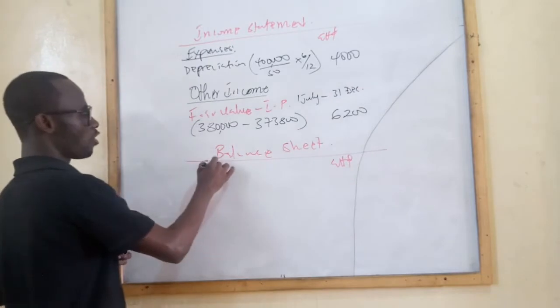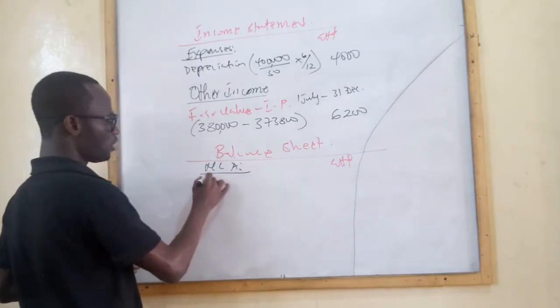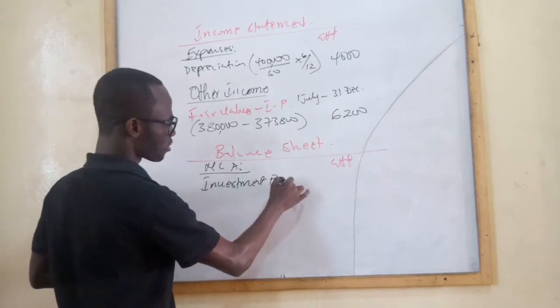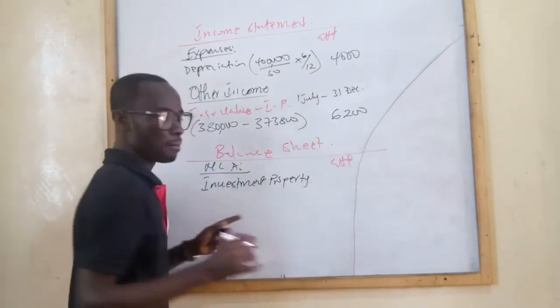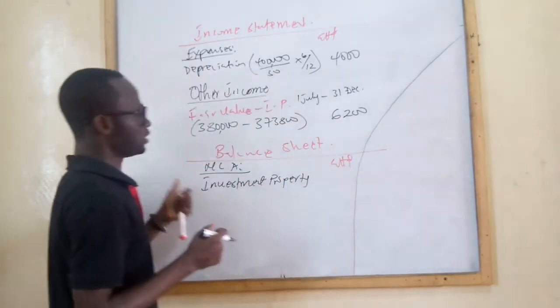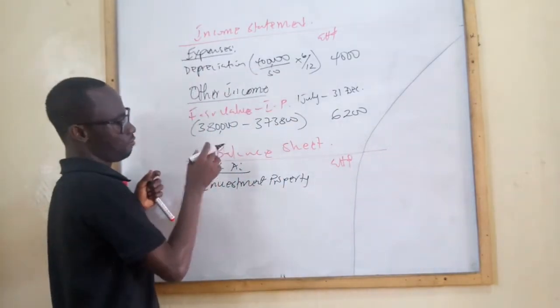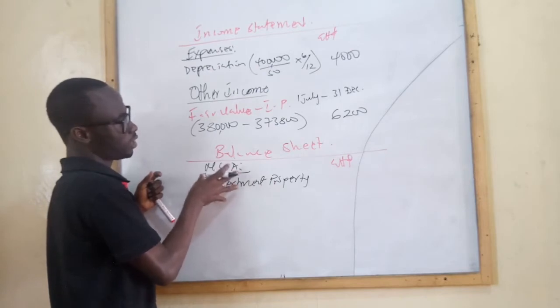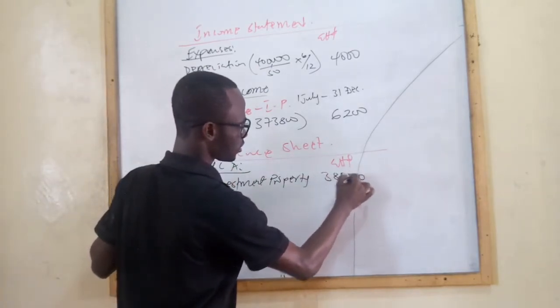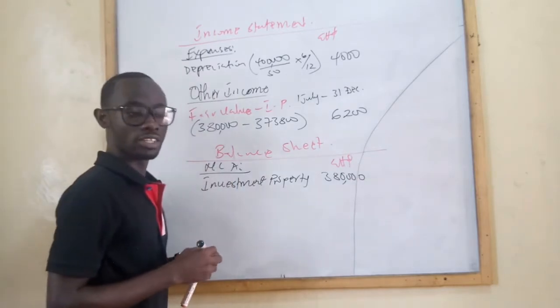So under non-current assets, we're going to have investment property. And remember, with this investment property, the value at the year end is 380,000. So that comes under the non-current assets.